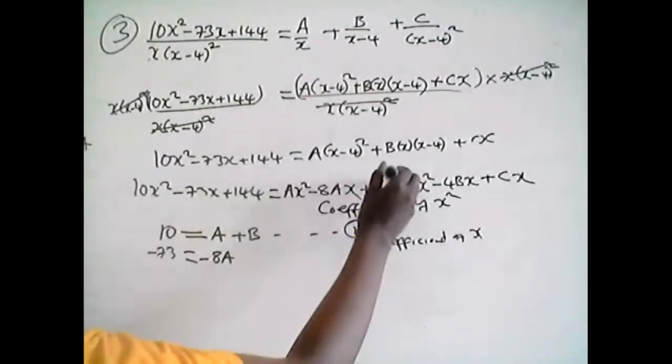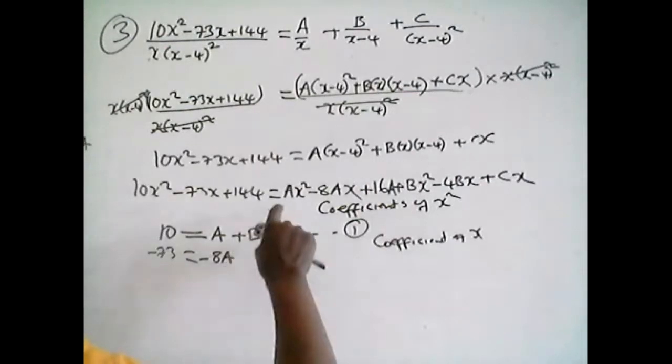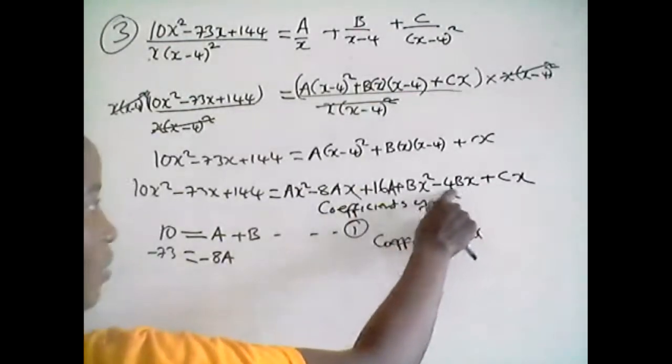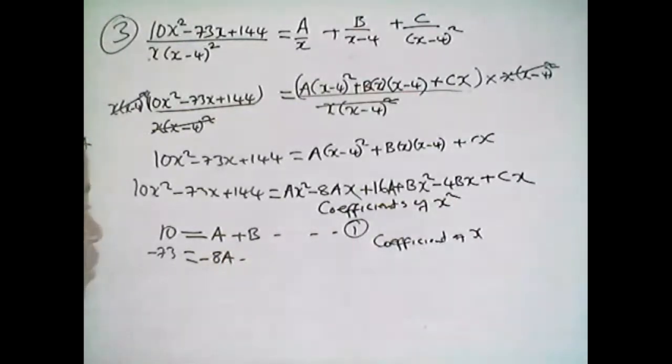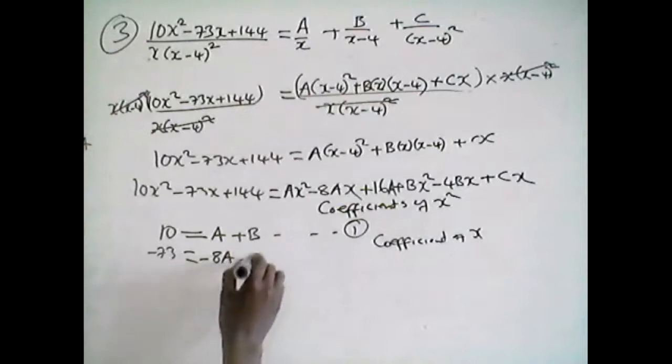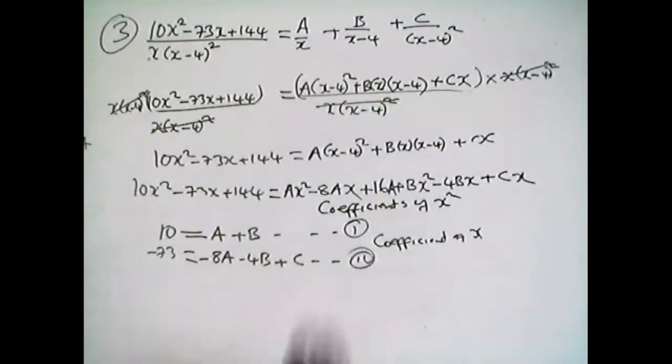Oh, the last thing is supposed to be 16a. The coefficient of x here, we have -4b, and c. That is our second equation.